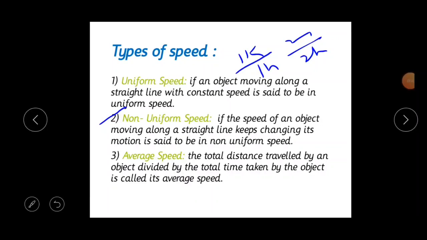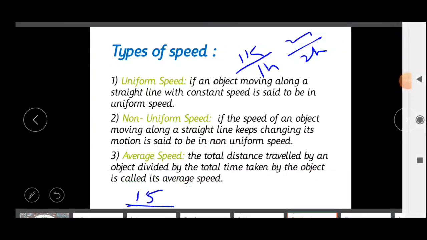Suppose a car is traveling from here to here, and it takes 15 minutes.